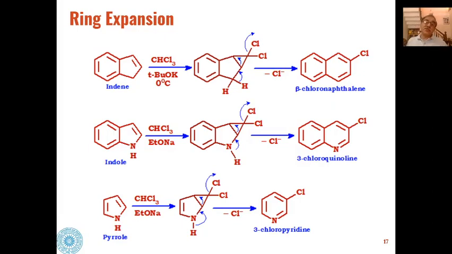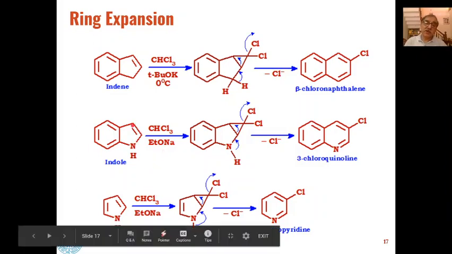And in both the cases, you can see chloroform in presence of a base will give us dichlorocarbene, and that dichlorocarbene will add to this carbon-carbon double bond in case of indole, and this carbon-carbon double bond in case of pyrrole.